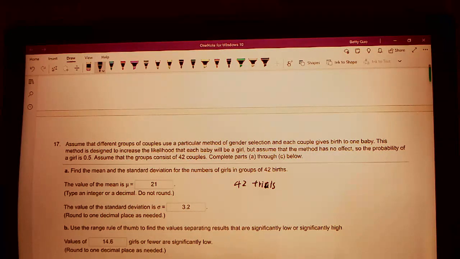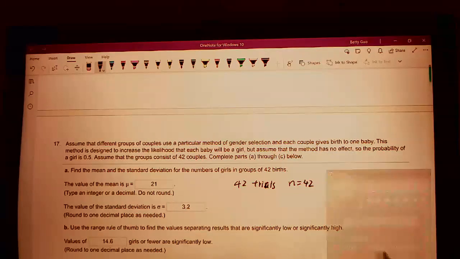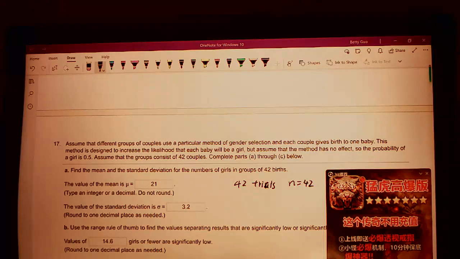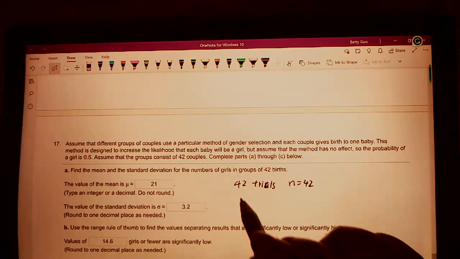So they do not affect each other. So here we have 42 trials, so n equals 42. And each couple either has a girl or boy. We are going to let having a girl be a success.